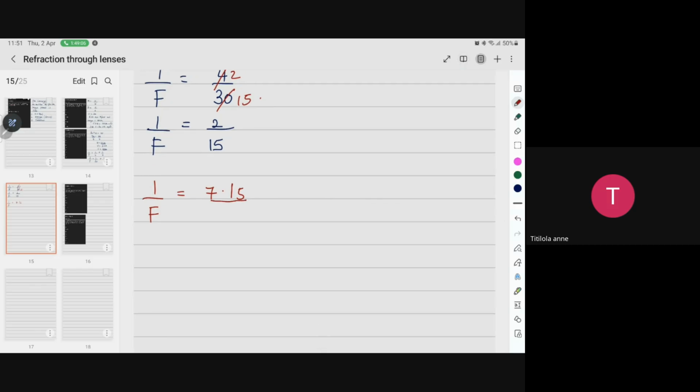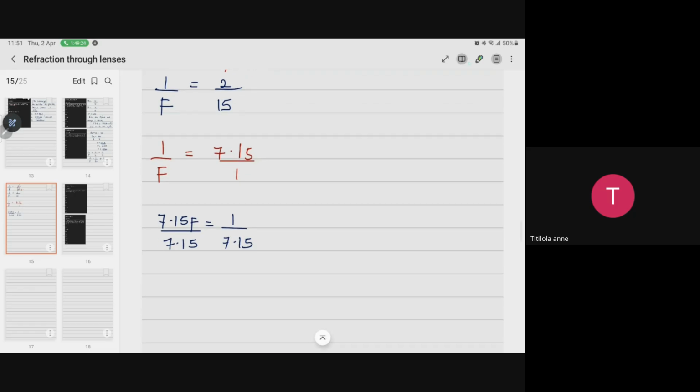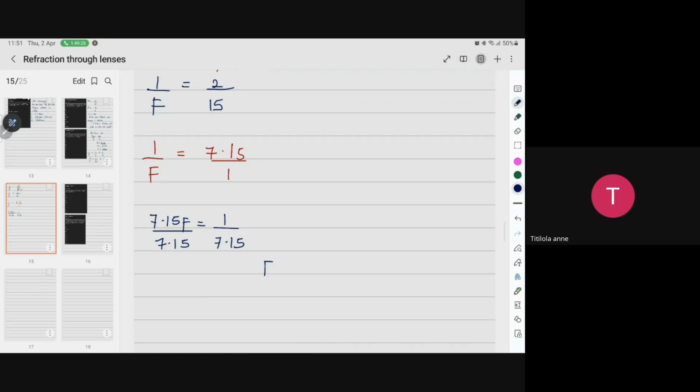So you have 7.15 over 1, and f will now be equal to 1 over 7.15. Which will give us what?